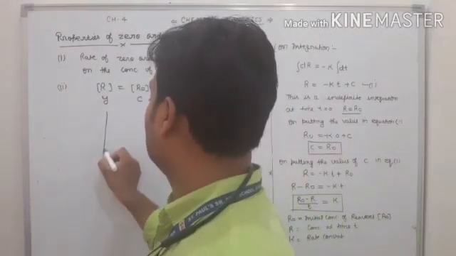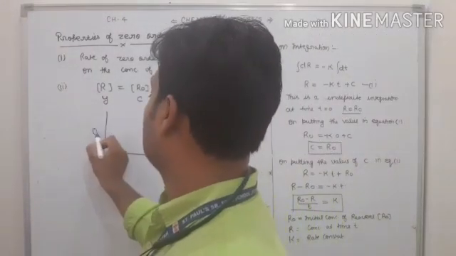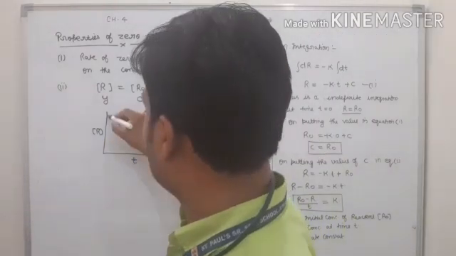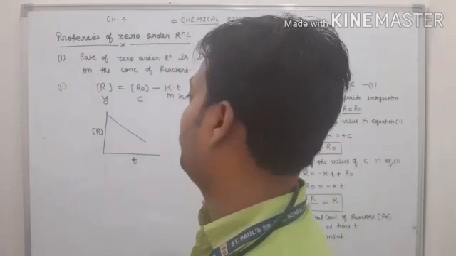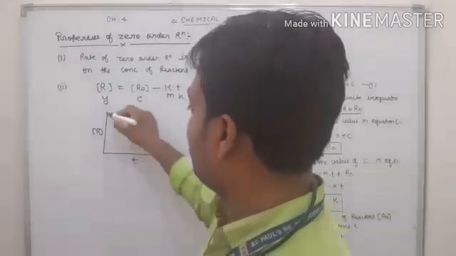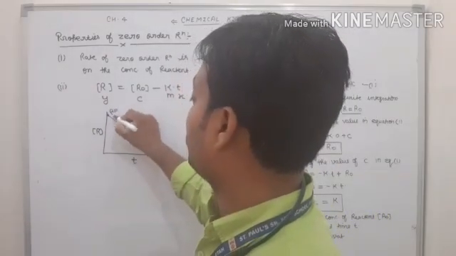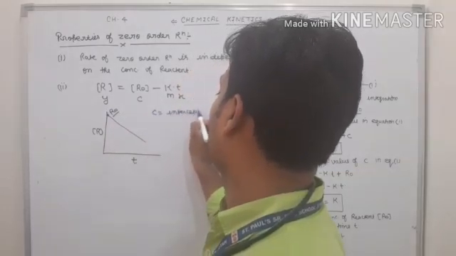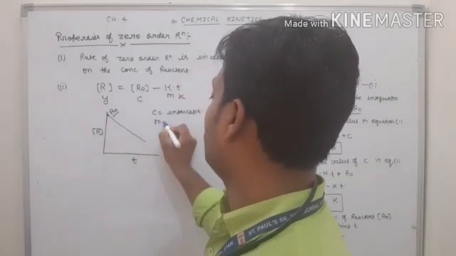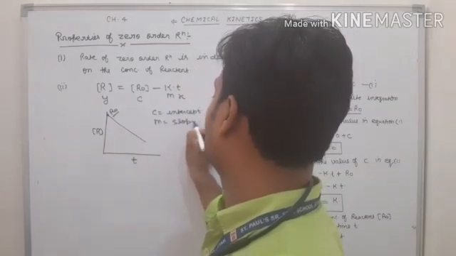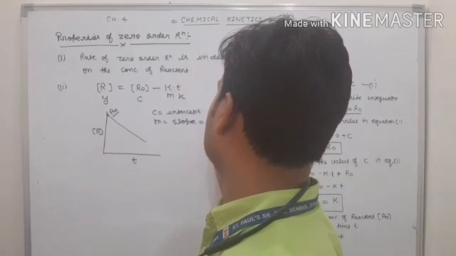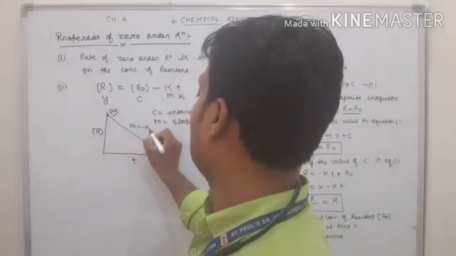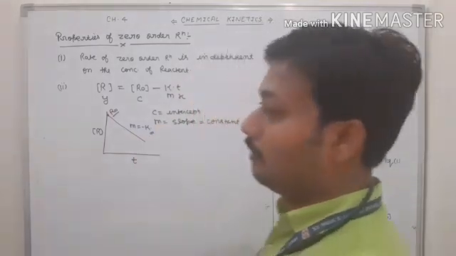As you know, this is the R, this is the time, and this is the c. Here this c represents the intercept. m is equal to the slope, a constant, that is m is equal to minus K.